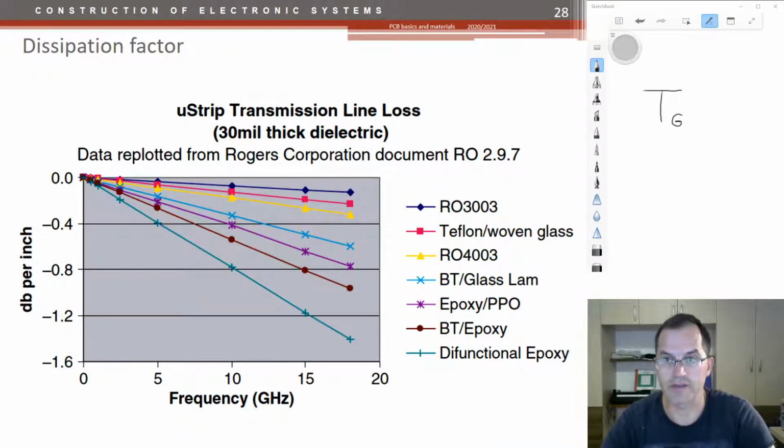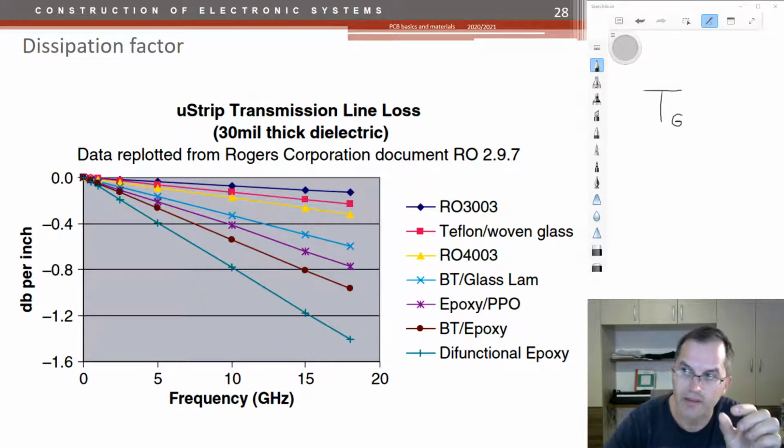The dissipation factor is another parameter which is also important if you want to make high frequency electronics. For example, here you see different materials you can choose from. They are all similar to FR4 except maybe Teflon and these Rogers here, but more or less you see the loss of signal per 1 inch of the length of the line, and their differences are also quite important if you want to go to high frequencies.